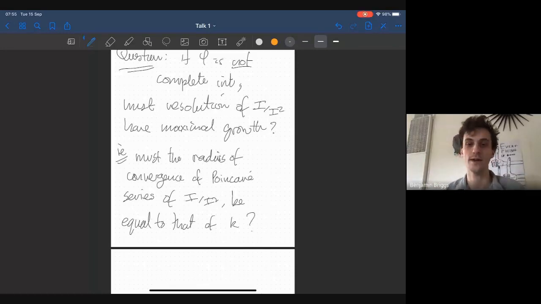The residue field K always has the largest resolution in a very concrete sense. In particular, the radius of convergence will be as small as possible.